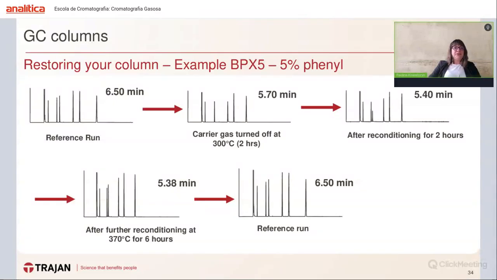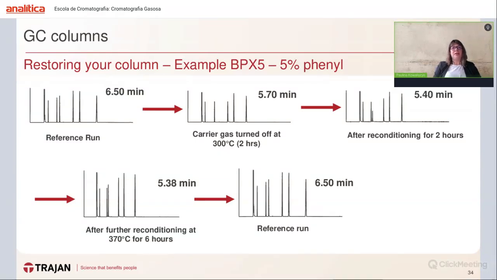So after further conditioning at a higher temperature, so 370 degrees for 6 hours, we can see that the peaks get back to our reference run. And the time of analysis has extended to the value where it should be.